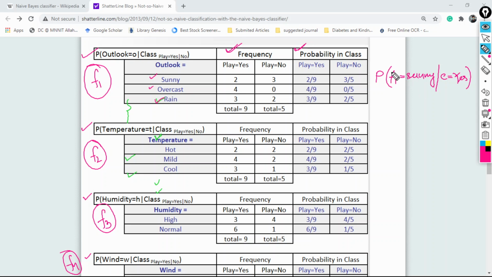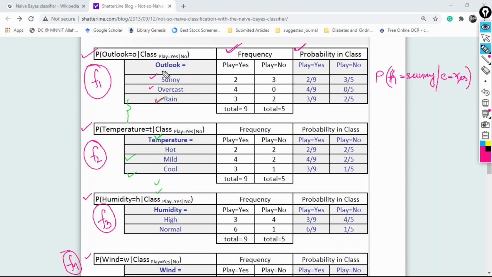This given means our 9 points are given, and on these 9 points our feature sunny means 2 points. So we are just using the conditional probability concept we saw in the first lecture on how to calculate conditional probability.